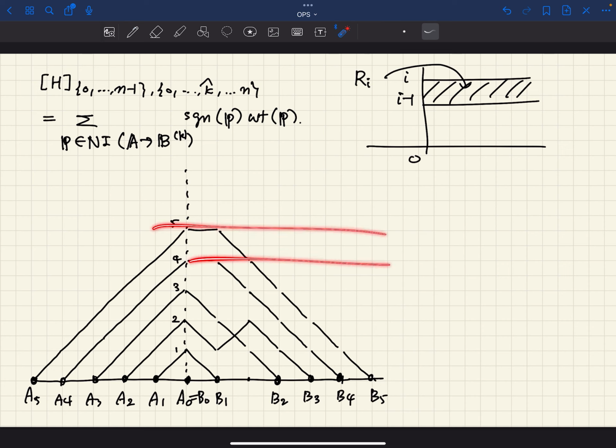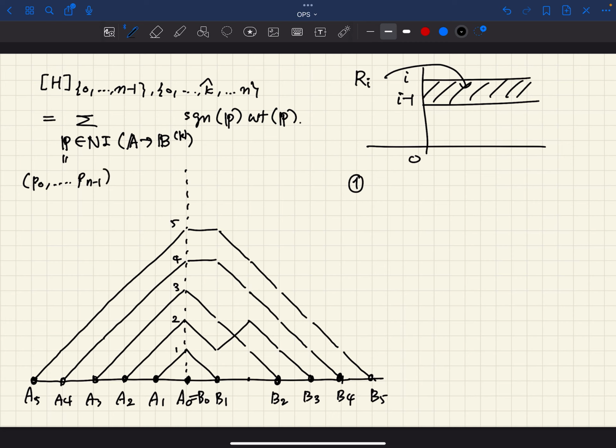So this is R5, this is R4, etc. This is R1, etc. Okay. So we're going to have a bunch of observations. Observation 1. Oh, and this is P_0 up to P_{n-1}, where the starting point of P_i is A_i, like this.